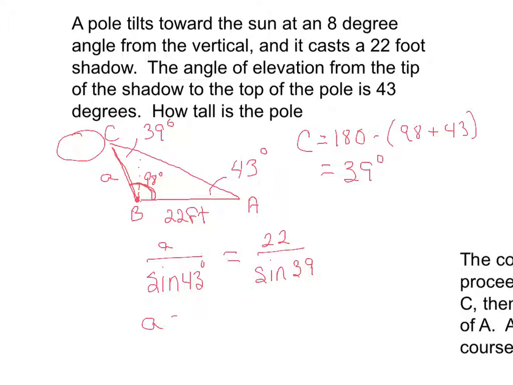If we multiply both sides by the sine of 43 degrees and divide by the sine of 39 degrees, we should see that the height of the pole is approximately 23.84 feet tall. Okay, so the pole is about 23.84 feet tall.